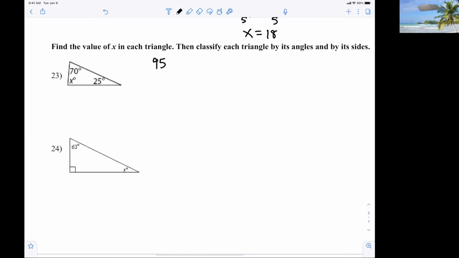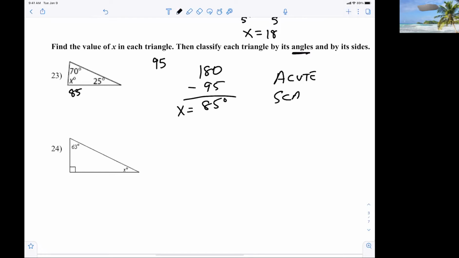Yeah. So, and then what? Yes. Yep. Okay, so x equals 85 degrees. So I want you to classify the triangle by its angles. It's acute, scalene. Beautiful work.